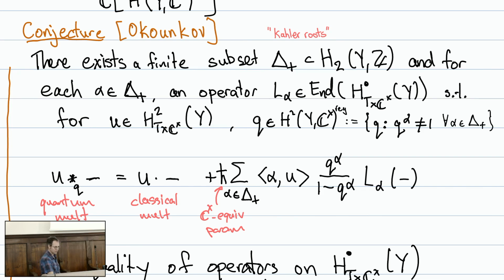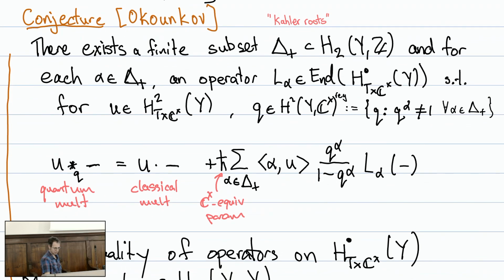So quantum cohomology is in the left-hand side of this. And maybe I should emphasize, this is an equality of operators on the cohomology. Quantum multiplication is an operator on the cohomology. Classical multiplication is also an operator on the cohomology. And these L alphas are some operators on the cohomology. So you can effectively compute the Gromov-Witten invariants out of this. Yeah.